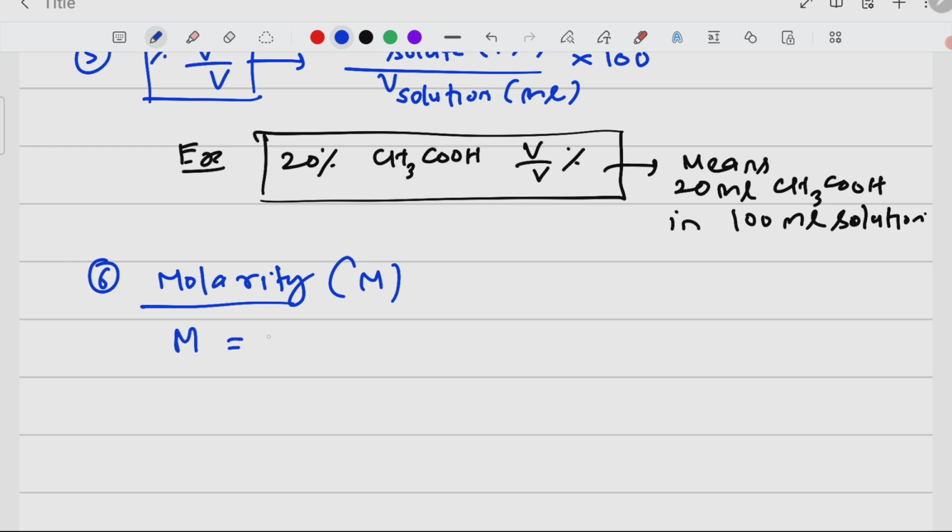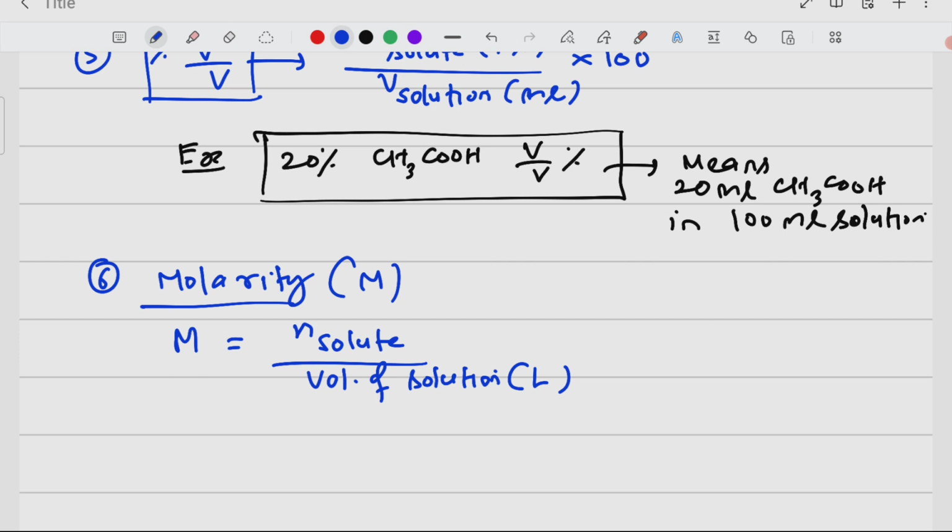Molarity, capital M, is the number of moles of solute, small n representing number of moles, by volume of solution in liters.